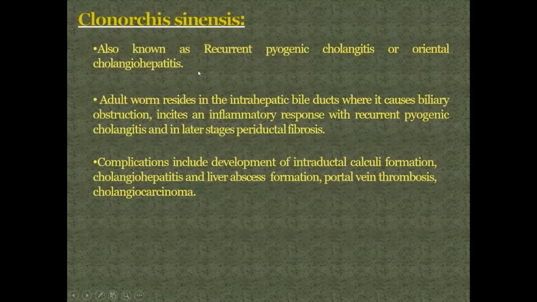Another parasitic infection, which is of clinical significance, is Clonorchis sinensis. This is also known as recurrent pyogenic cholangitis or oriental cholangiohepatitis because it's more common in oriental countries. The adult form resides in the intrahepatic bile ducts, where it causes obstruction and leads to a strong inflammatory response, leading to recurrent episodes of pyogenic cholangitis and, in late stages, periductal fibrosis and cirrhosis.